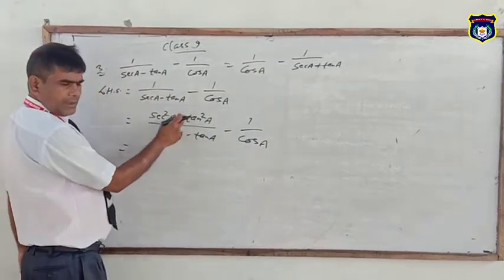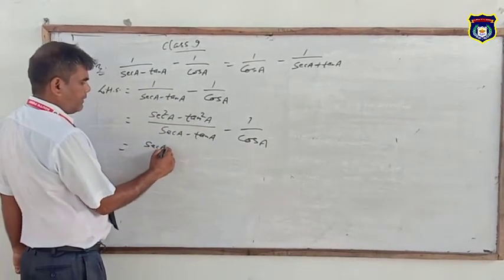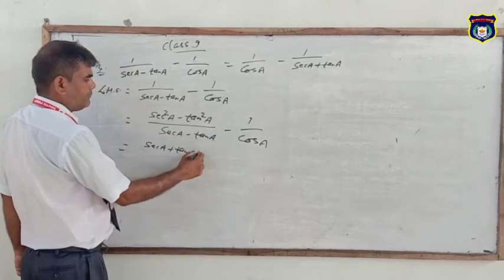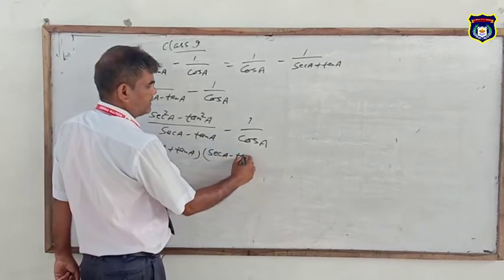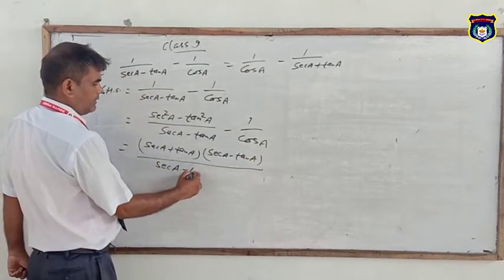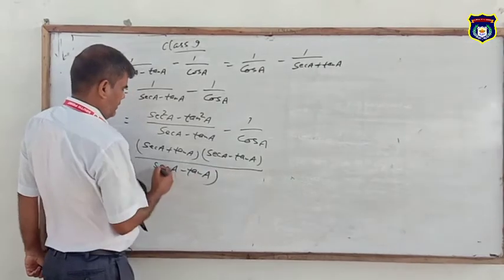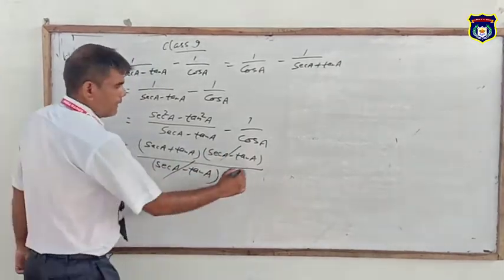Sec square A minus tan square A is a square minus b square, (sec A plus tan A)(sec A minus tan A) by (sec A minus tan A). Sec A minus tan A is cancelled.